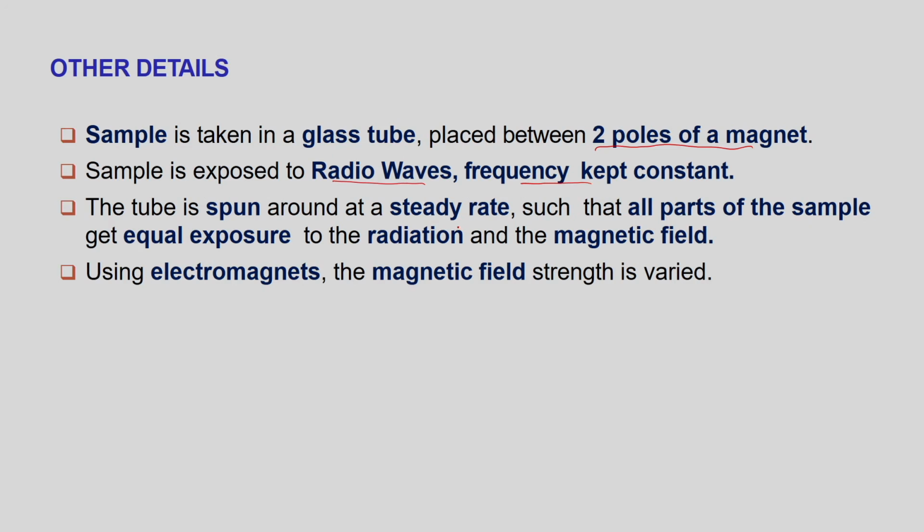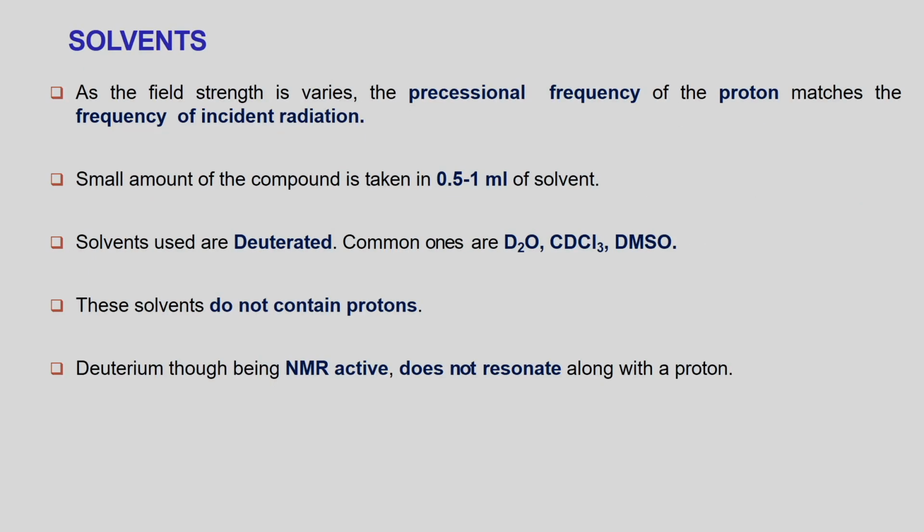You saw that tube, it is spun steadily such that all parts of the sample get equal exposure to the radiation and the magnetic field. Using this electromagnet, the magnetic field strength is varied. Okay. All this is done, let us say, within a time period of seconds.